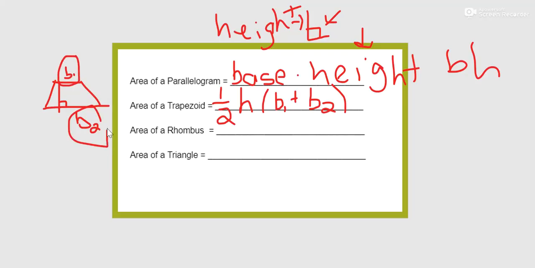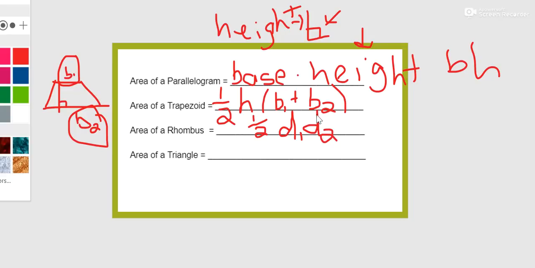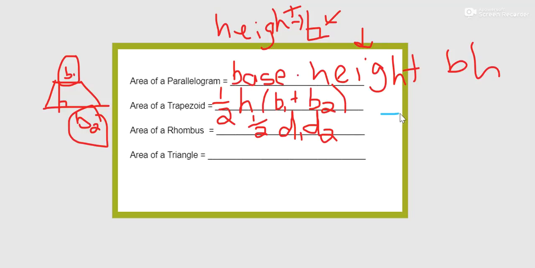The area of a rhombus also has to deal with height and 1/2. So the area of a rhombus is 1/2 times diagonal 1 times diagonal 2. And what I mean by this is a rhombus kind of looks like a diamond.